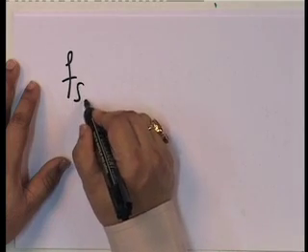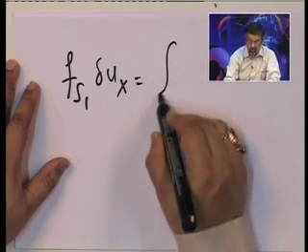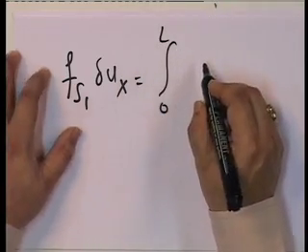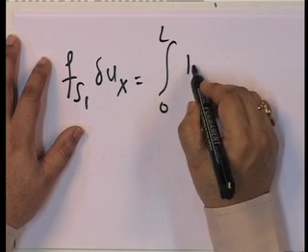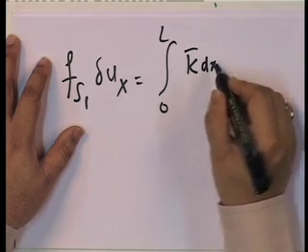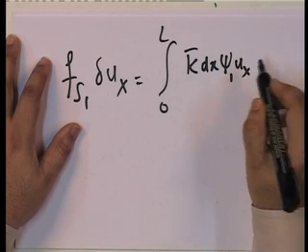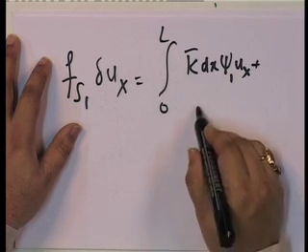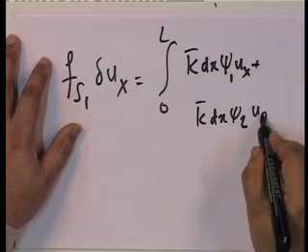If I were to put in the same way, f s 1 into del u x is equal to the integral over the whole length of k bar dx into xi 1 u x plus k bar dx xi 2 into u theta.